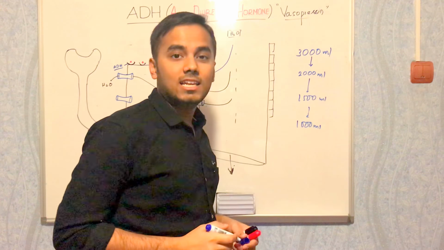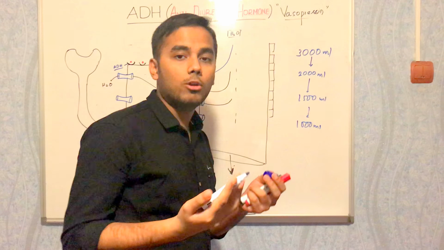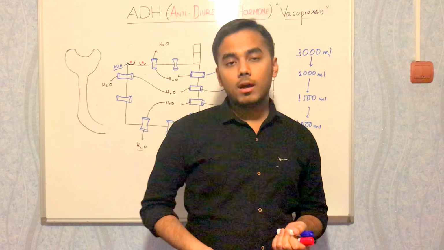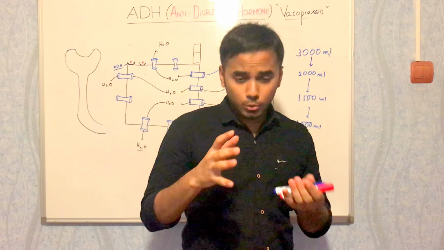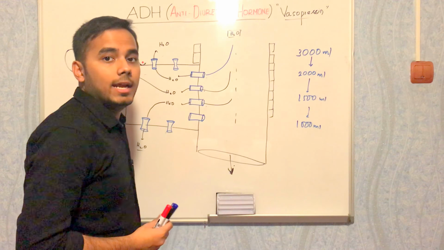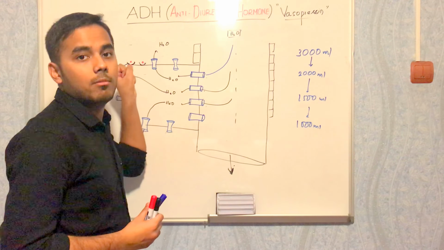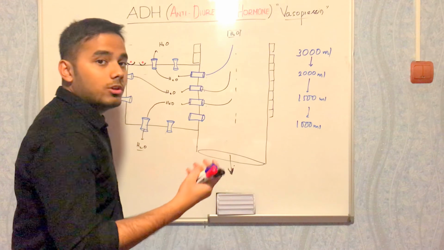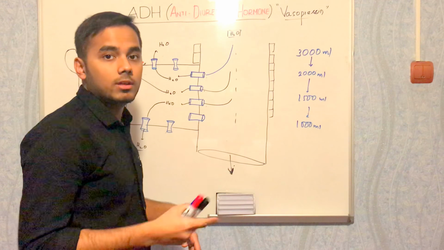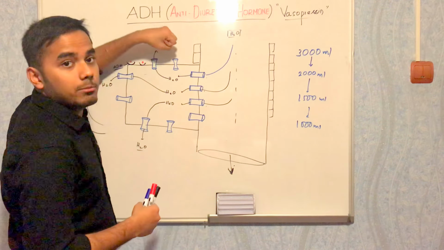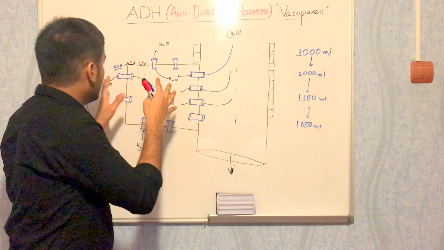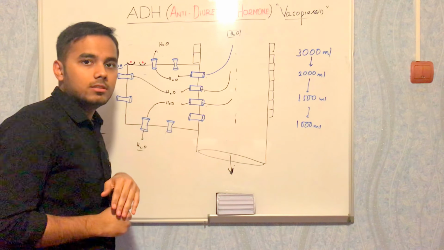You call this condition hypovolemia, low volume. Hypovolemia can lead to hypovolemic shock, later coma, and later death. To prevent all this, ADH helps. ADH helps in regulating the water balance in your body. Whenever your body is scarce of water, ADH does not allow the water to be excreted. Instead, it reabsorbs the water back into the blood. So this is how ADH works, and this is the main function of ADH, right?